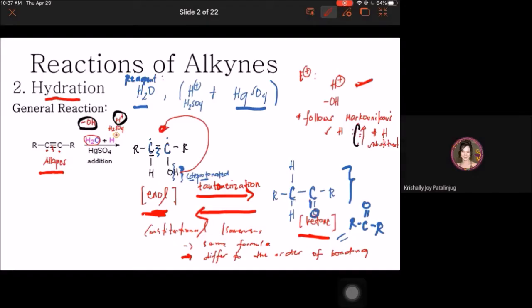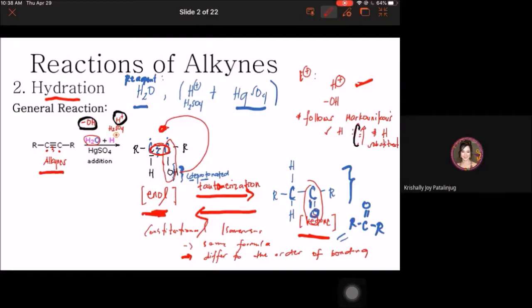And there is reorganization of the double bond, from the double bond here to the double bond between carbon and oxygen. So, andito na yung double bond. Again, there is interconversion, and there are differences in the order of bonding. That is why it qualifies as constitutional structural isomerism, at the same time, tautomerism.